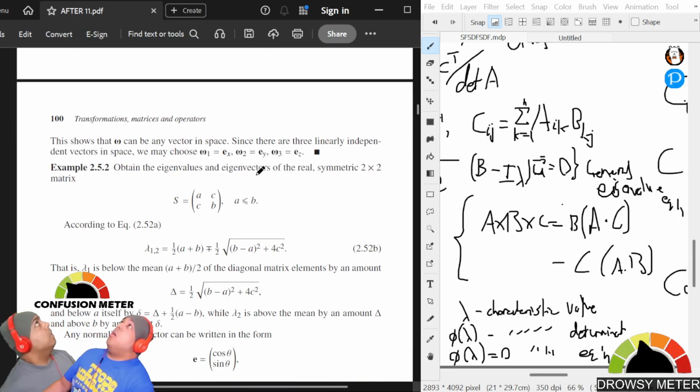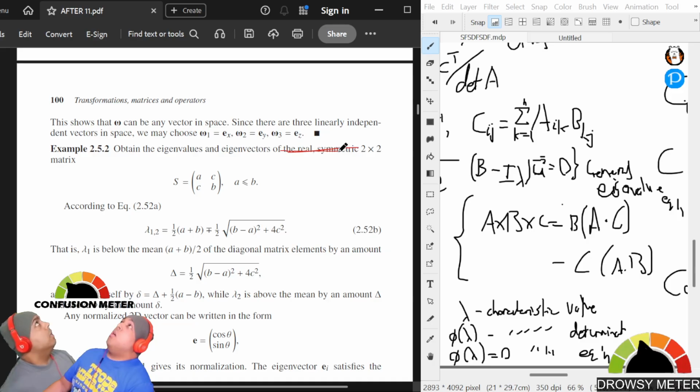Obtain the eigenvalues and eigenvectors of this. What do we do first? First I want to do minus lambda. Then I want to find the determinant of this. We already did this earlier. Lambda 1 is below this, lambda 2 is above this.